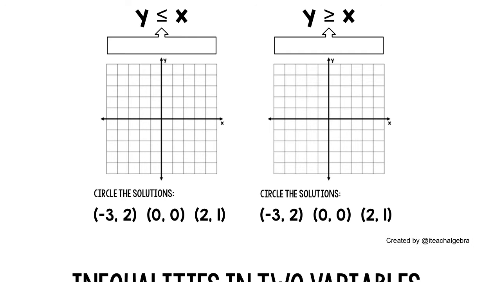If no equals is a dashed line, then anything that includes the equals, as in the bar below, is going to be a solid line. This is like a dot on a number line, where it'd be filled in, and those values are also included.